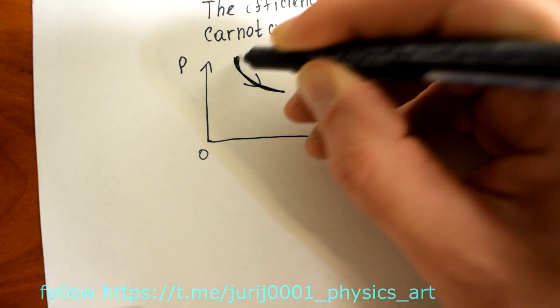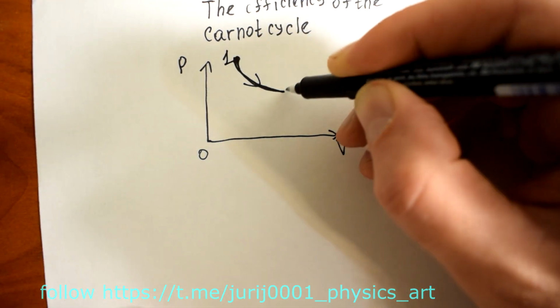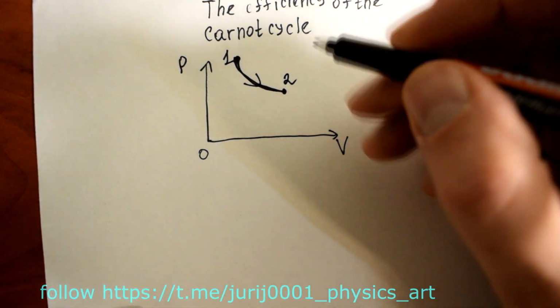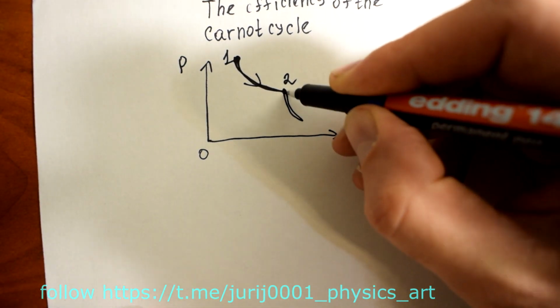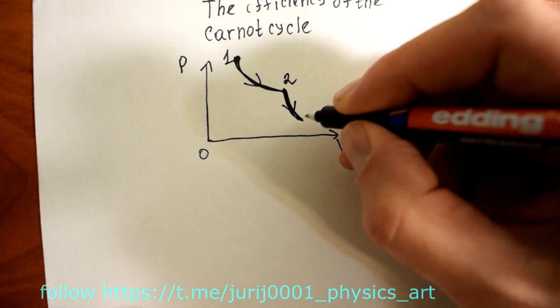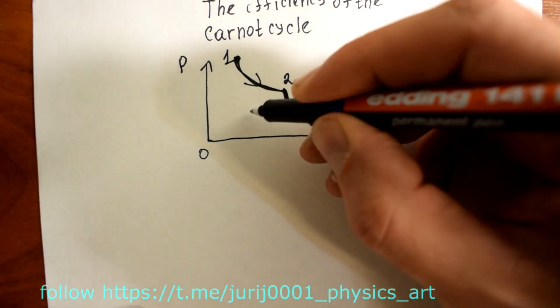I have identified 4 points of transition in order to most conveniently describe the process taking place. So we have isotherms and there are also adiabats. The cycle must always be closed.